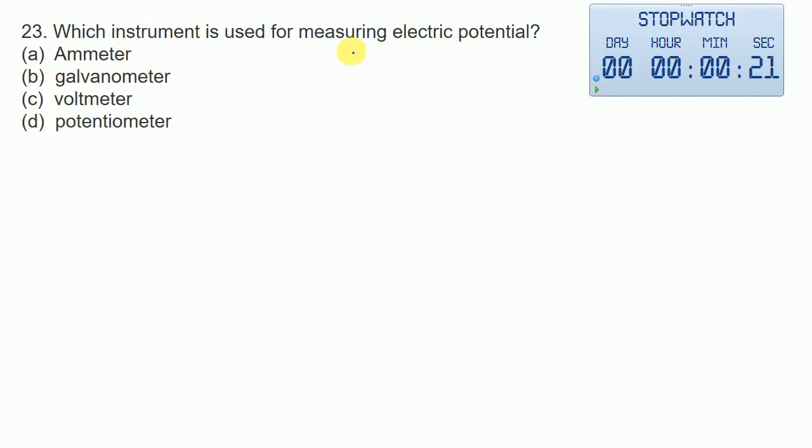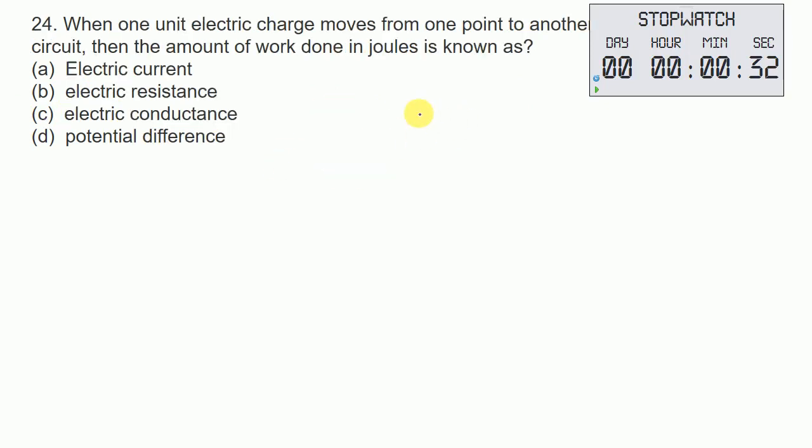Okay, which instrument is used for measuring electric potential? Come on. Obviously potential, voltage, yes, the hint is in that only, voltage, voltmeter. C option is the correct one. Okay, these are the easy questions.